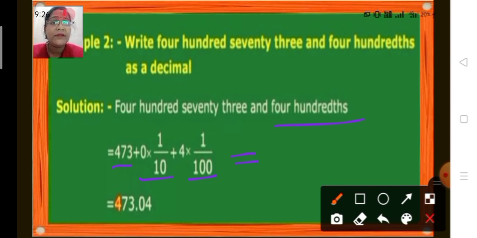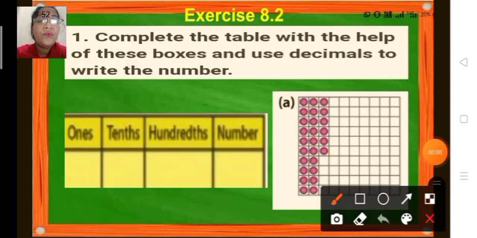Then this becomes 473 plus 0.04. Children, 4 hundredths in decimal is written as 0.04. Then adding 473 plus 0.04, we will get the required decimal, which is equal to 473.04.